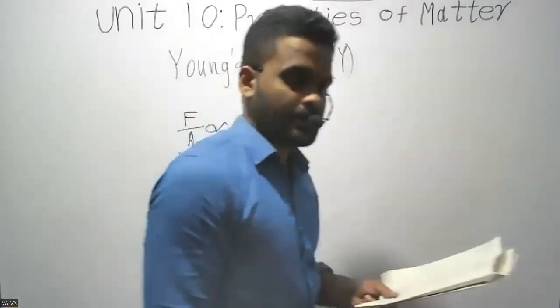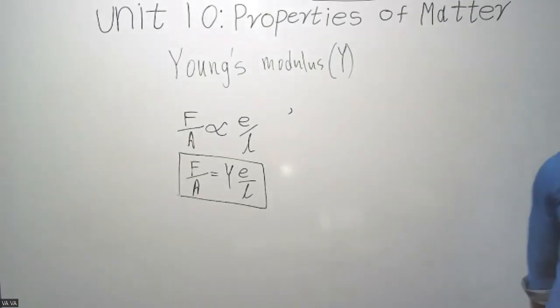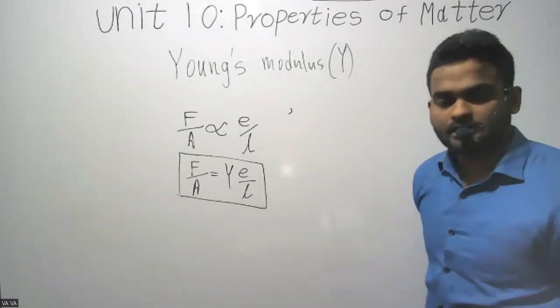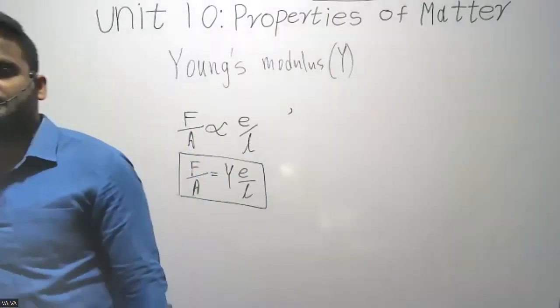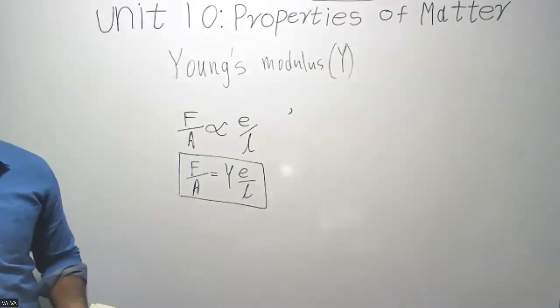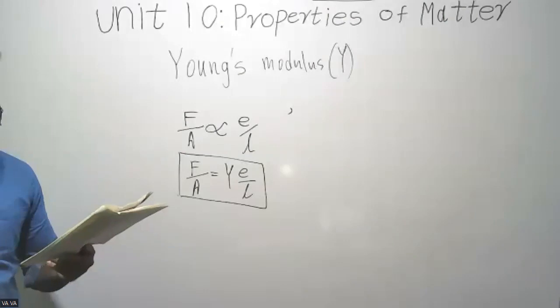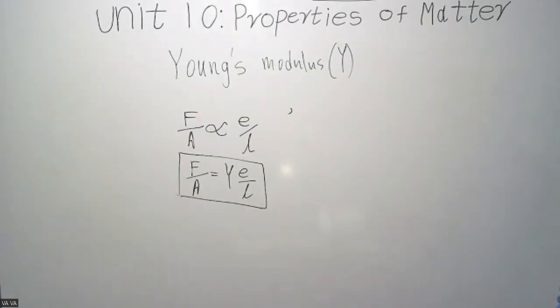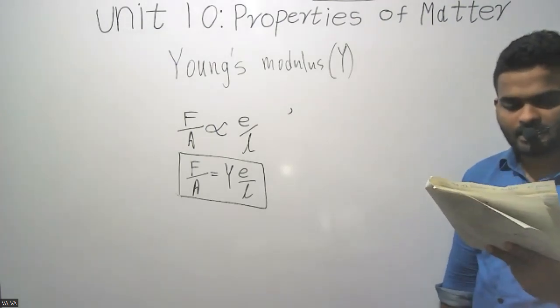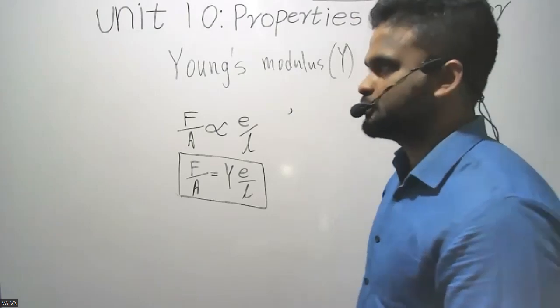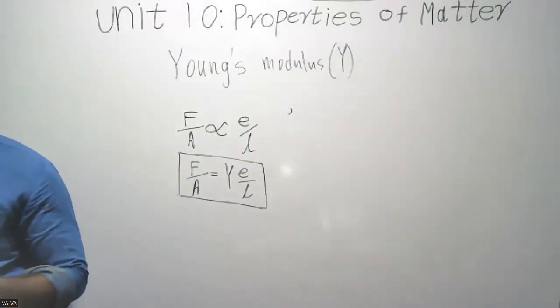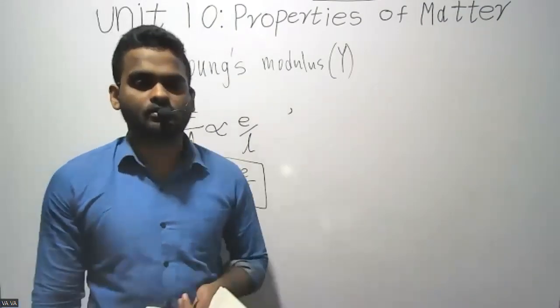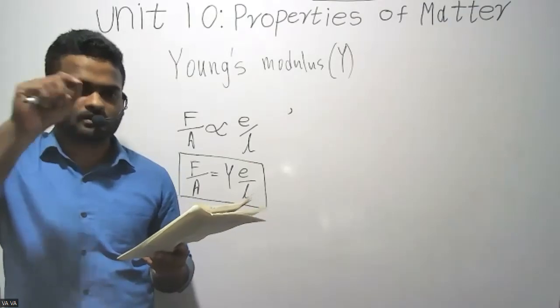Then write under that: capital Y is the Young's modulus, the Young's modulus of materials that make up a rod or wire.